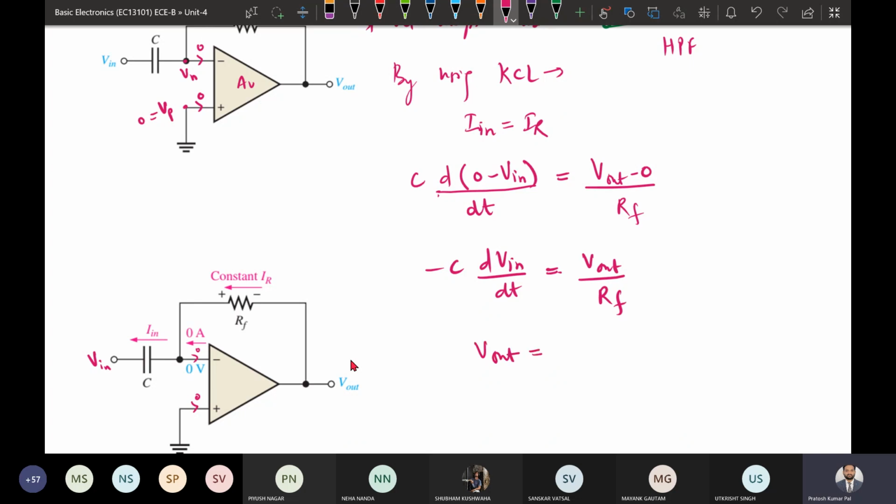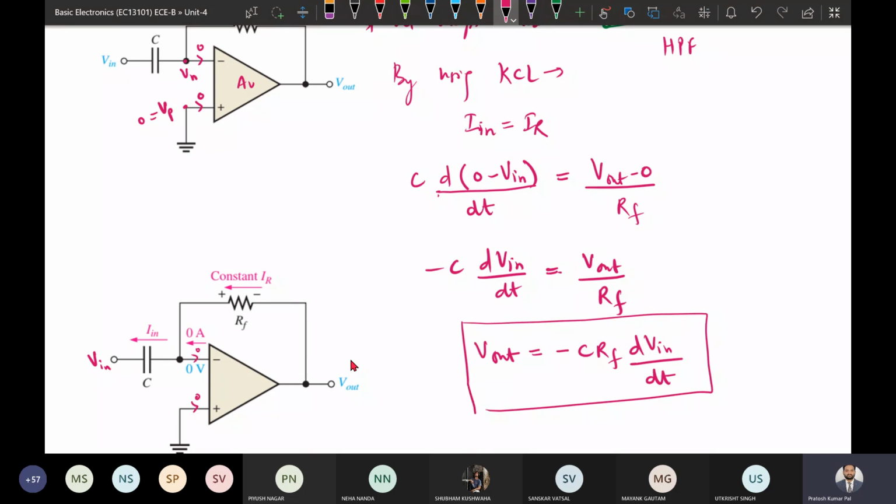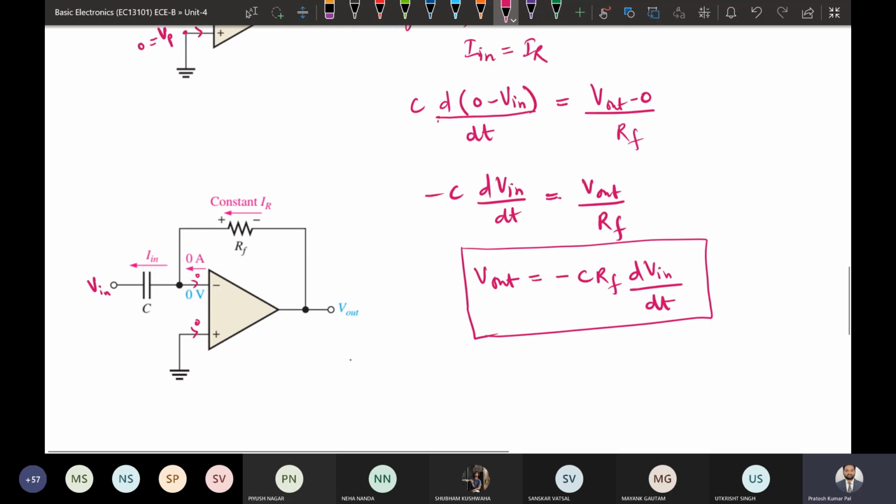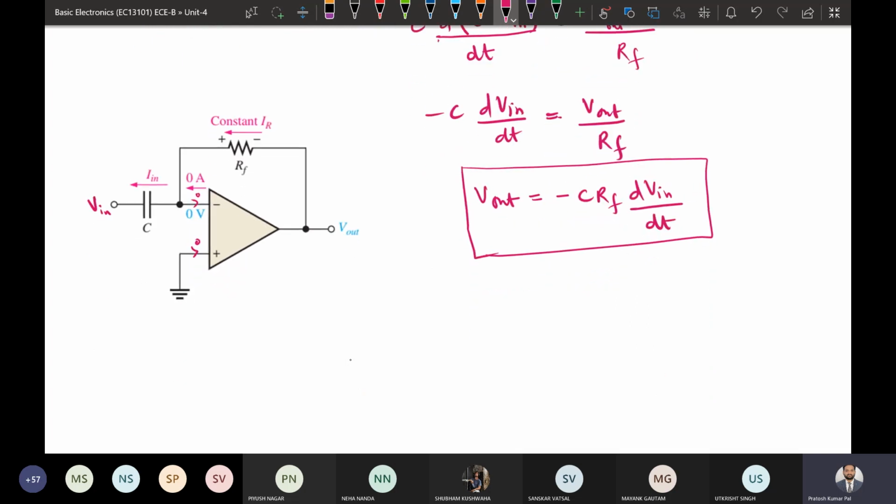So V out will be equal to minus C into RF dV in by dt. Again we can just see the relation between input and output. The output that we are getting is dV in by dt. That means the output is the differentiation of the input.